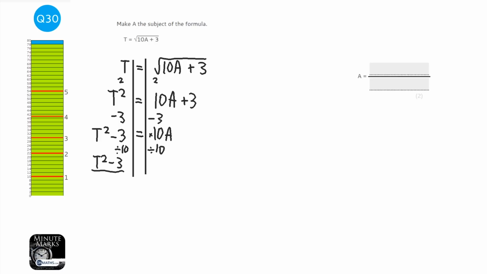So just put the whole thing over 10. So therefore a equals t squared minus 3 over 10. Now it's really important that if the letters are capitals, we keep them as capitals. If they're lowercase, we keep them as lowercase. It does matter what case the letters are, whether uppercase or lowercase.